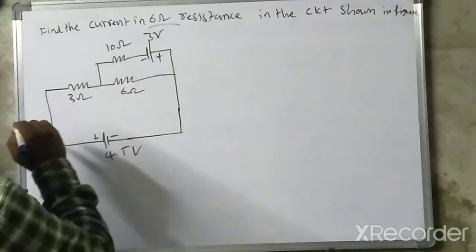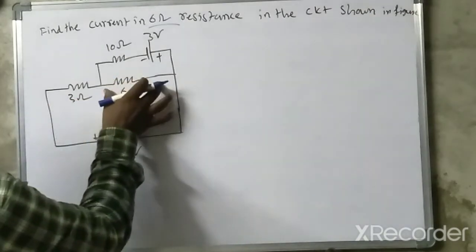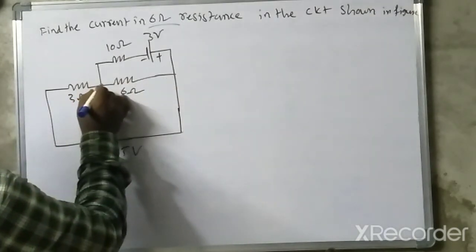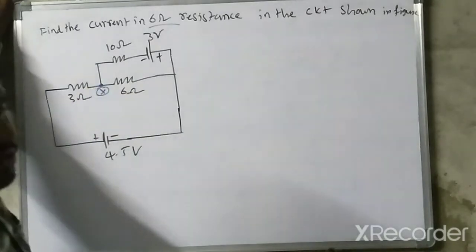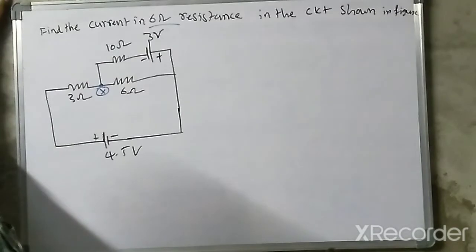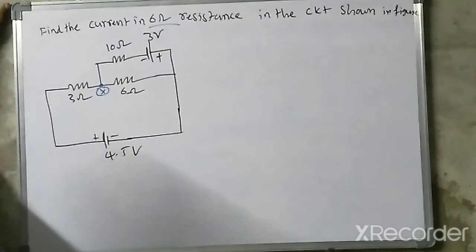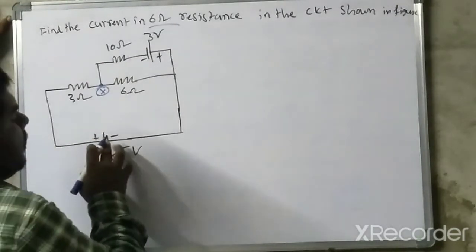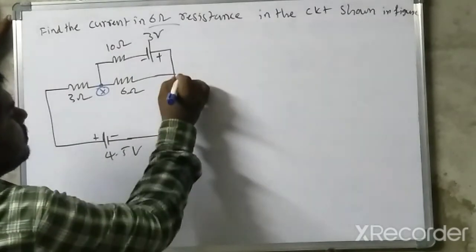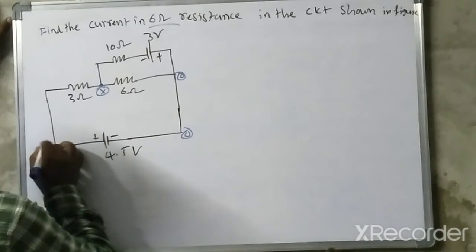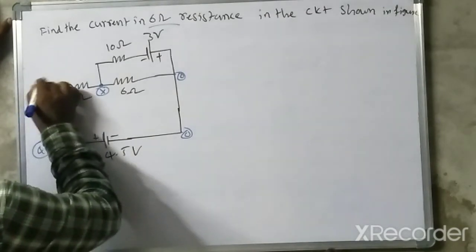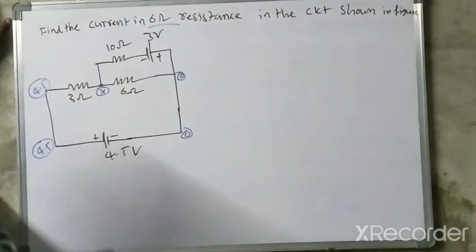How much current passes across this resistor? Let us consider the potential across this point as X. On the negative side, apply zero potential. Here the potential 4.5, here the potential 4.5, here X.